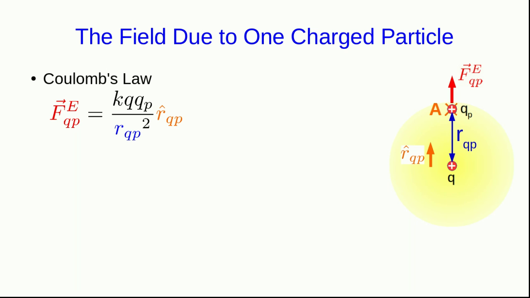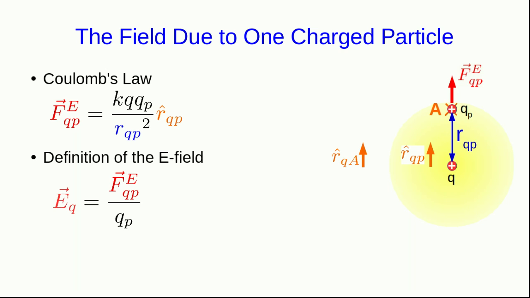And so in this case we have a probe charge, QP, near some other charge Q, and we're interested in the field due to Q. And note that there is an r hat QP, which is a unit vector pointing in the direction from Q to QP, or we could equivalently talk about an r hat QA, which is exactly the same vector, but we're just naming it that because it's pointing from the charge Q to the point A where we're finding the electric field.